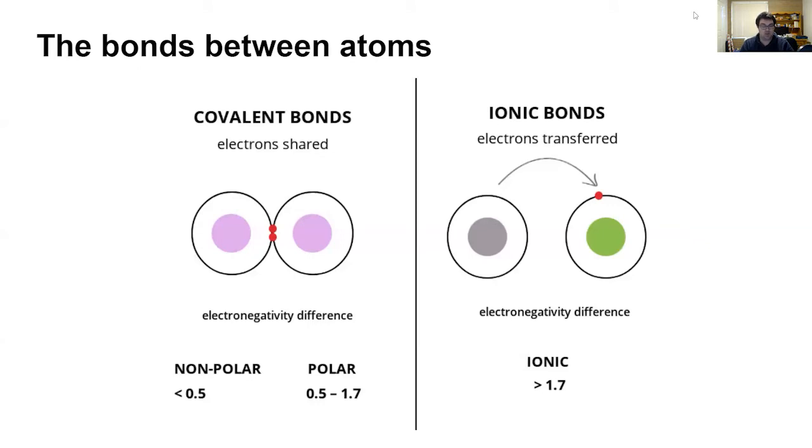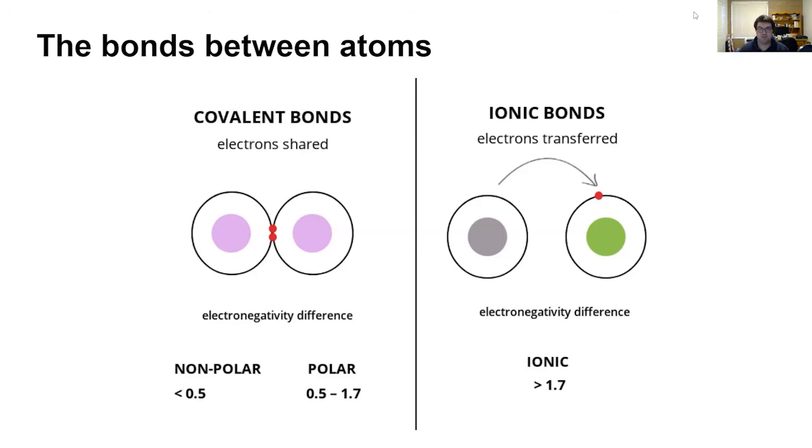A polar bond is when you have a difference in electronegativity on the Pauling scale of greater than 0.5 up to 1.7 between the two atoms. That means one of those atoms is pulling those electrons towards it, so there's not equal sharing.